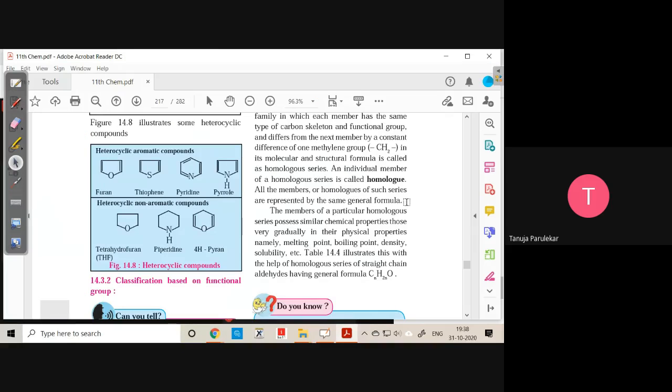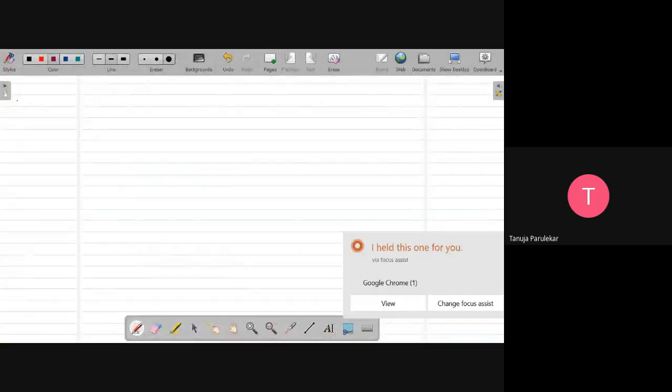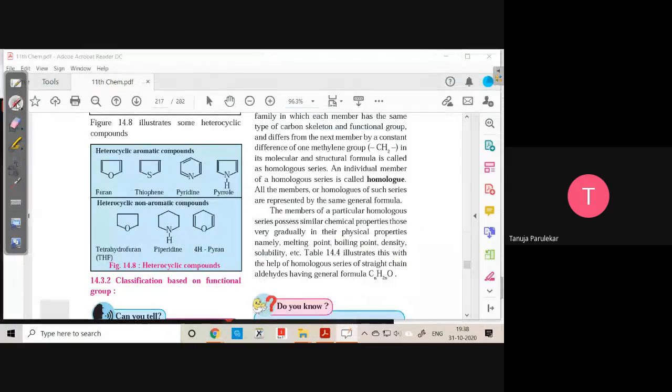Members of a particular homologous series possess similar chemical properties. They vary gradually in their physical properties. Vary means change, so they change gradually in their physical properties, namely melting point, boiling point, density.